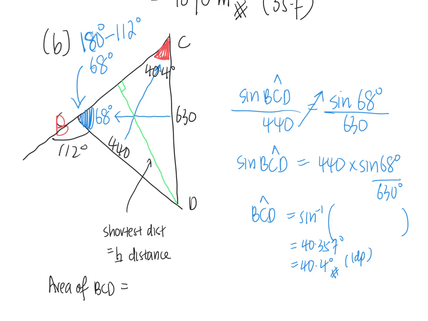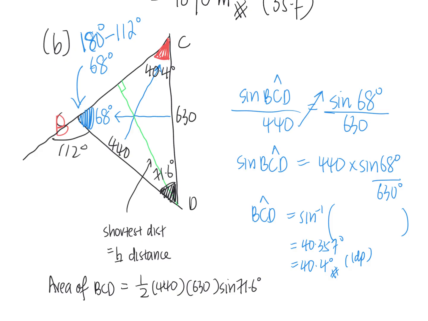You tell me the length to sub in. Half, 440, then 630, then sine of the angle. No, this one, you must use the angle between them. So you need to find this by using 180 minus 68 minus 40.4. So this is 71.6. So you must use the angle between them.